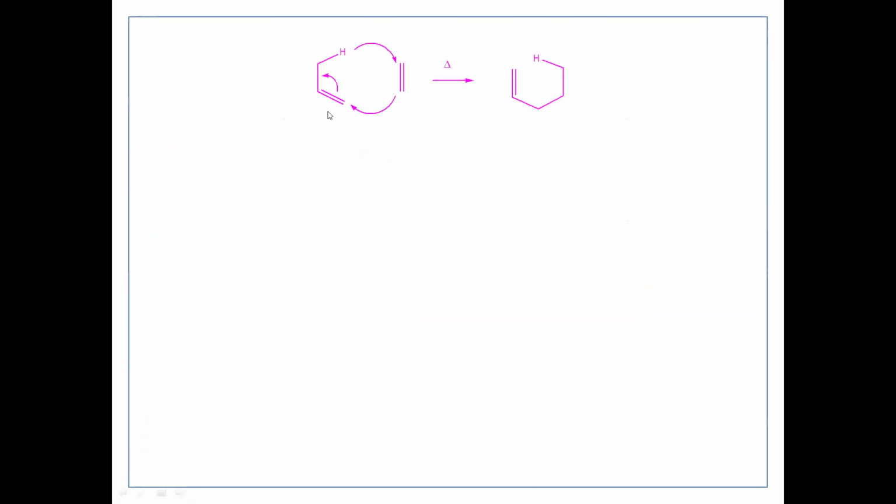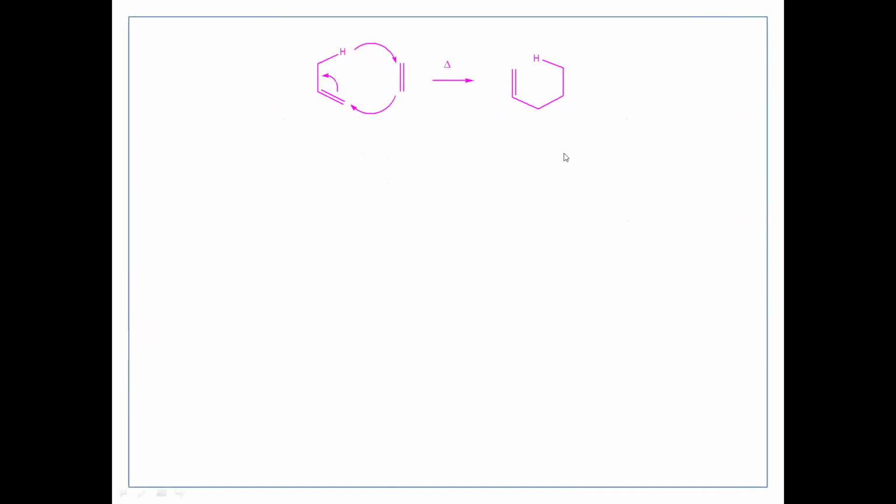So for example, here we can see this is 1-propene and this is the allyl hydrogen. The allyl hydrogen migrates to the monoene, and a sigma bond is formed between the two pi systems, and this pi bond is migrating from one position to the other position.